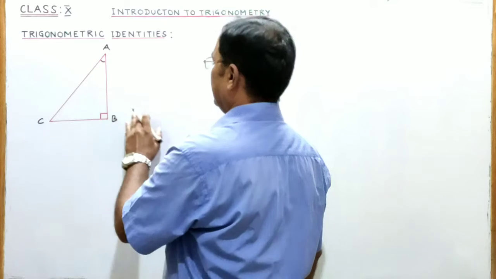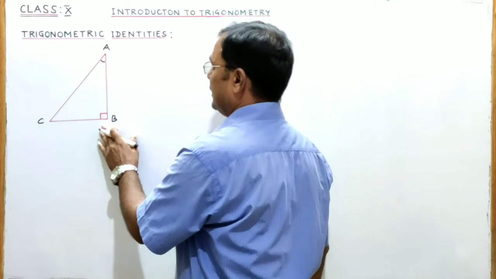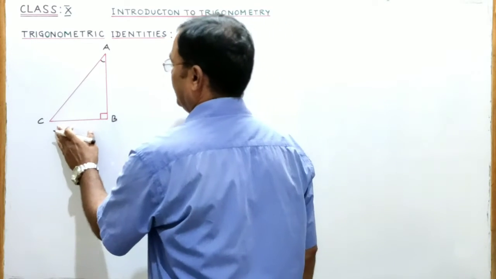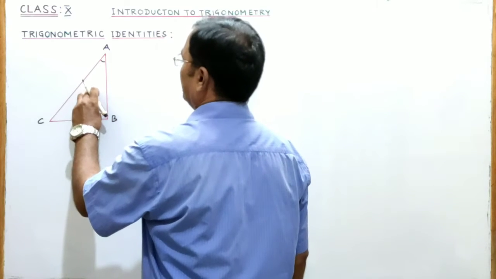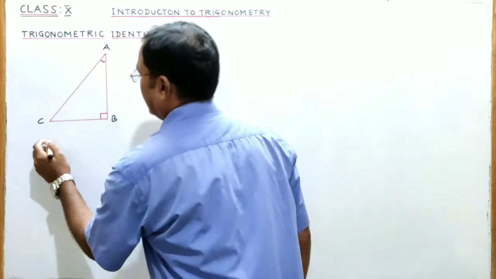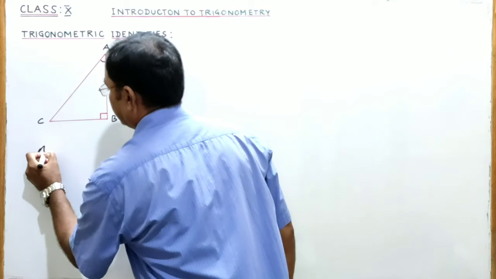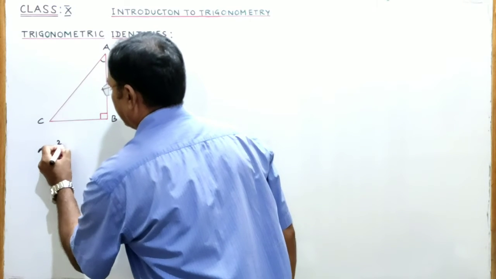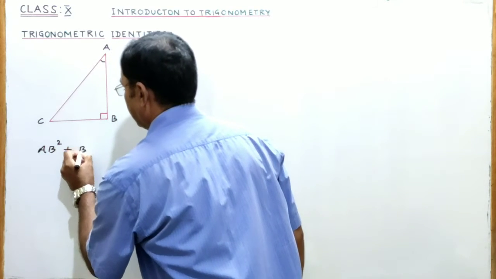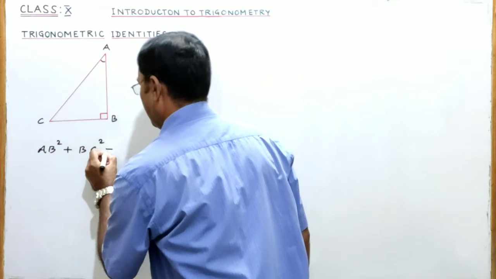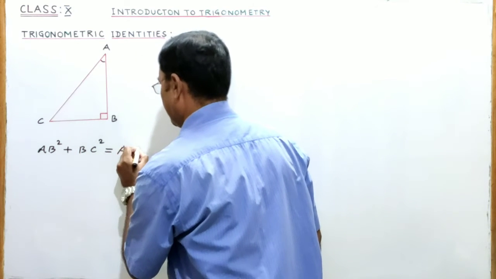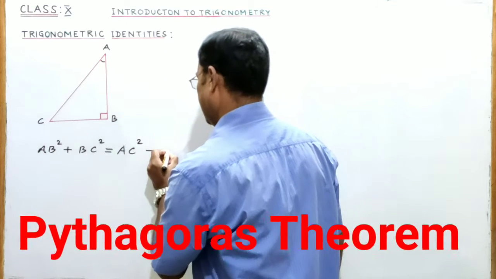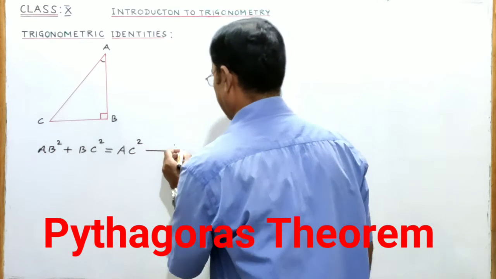If we use Pythagoras theorem, we can write AB square plus BC square is equal to AC square. Let it be number 1.